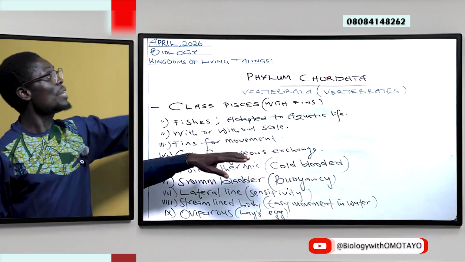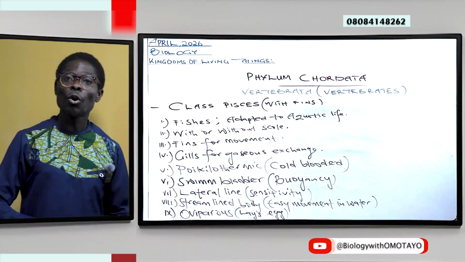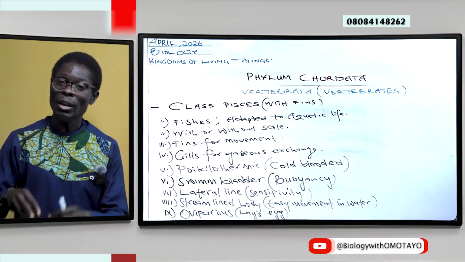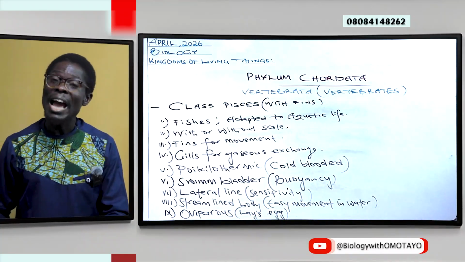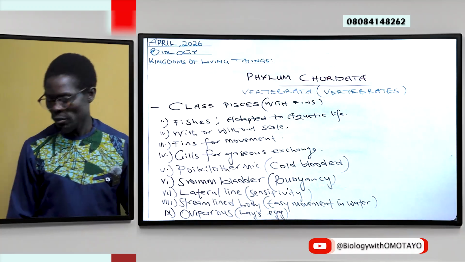And so we are done with that which is adapted for water. We'll be moving on to that which is adapted for life in water and life on land, that is Amphibia. Come along with me.